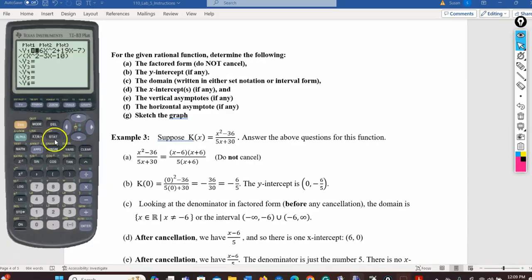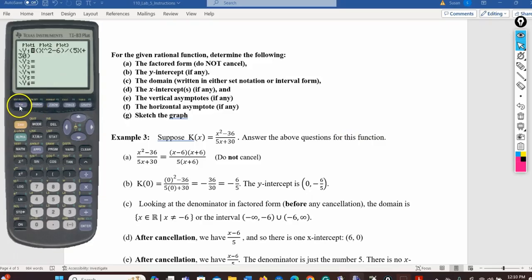So let me come here and get rid of it. So in parentheses, x squared minus 6 all over 5x plus 30. If I start with a zoom 6, I get that.